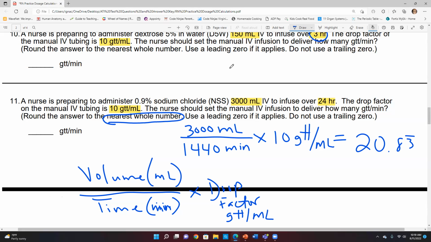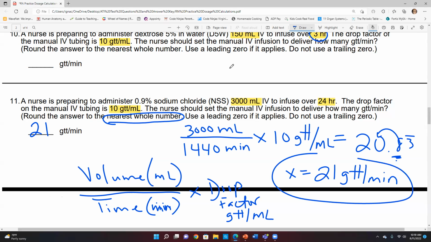So this answer is going to equal 21 drops per minute. The reason why this becomes 21 is because this 8 causes the 0 to be rounded up to a 1. So the correct answer is 21 drops per minute.